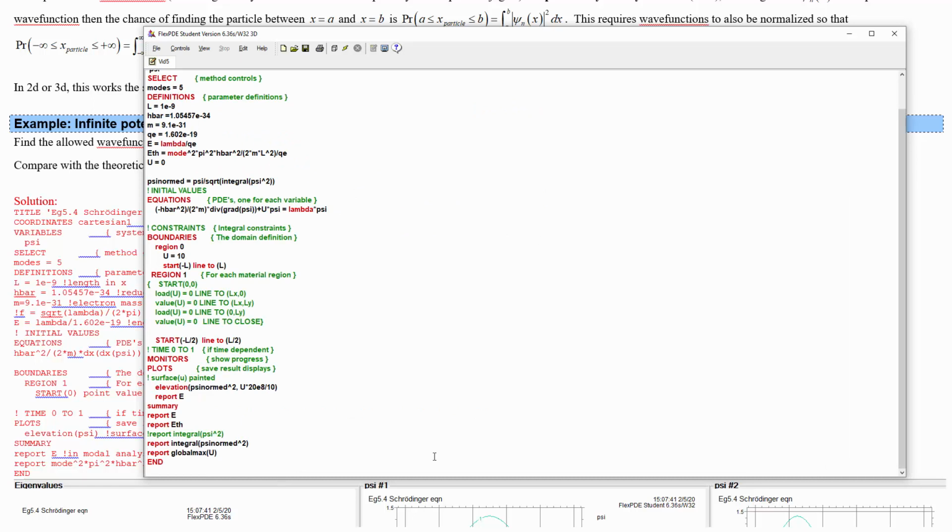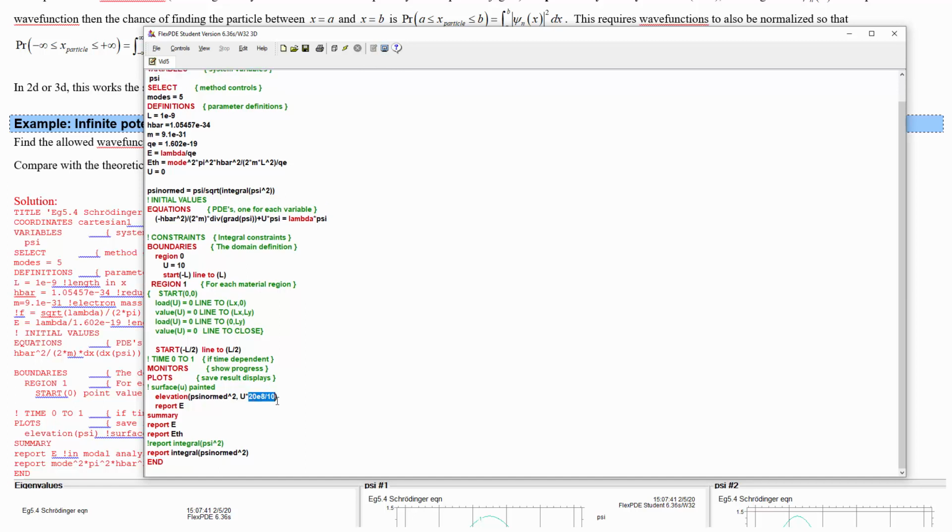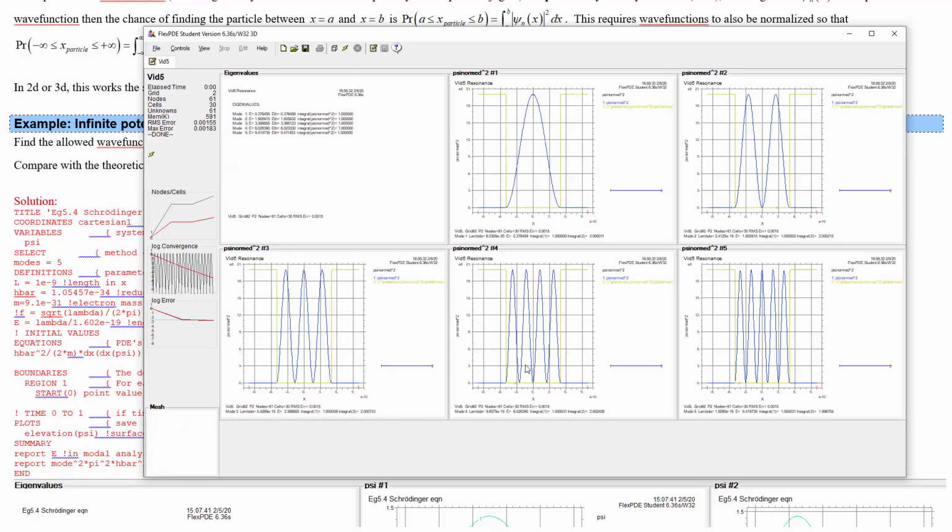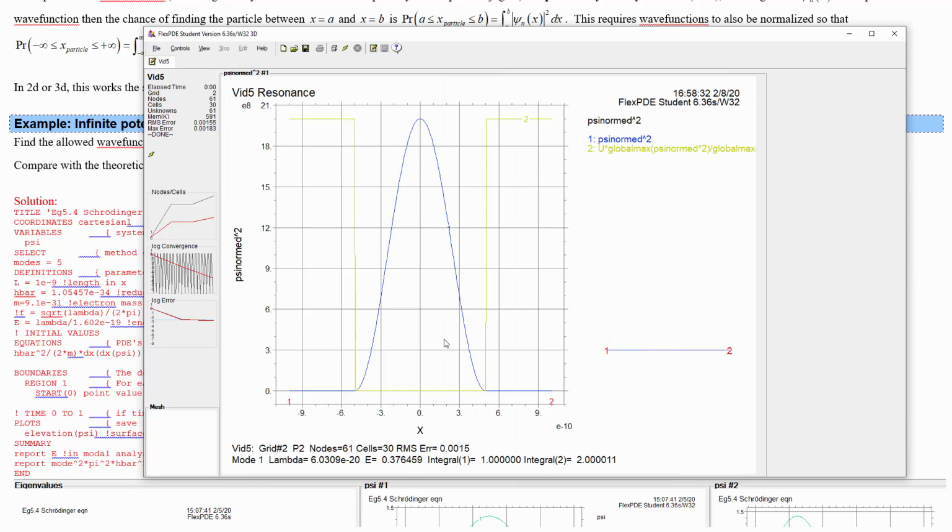Global max of psi-normed squared is this 20 and a bit E8, which means we can build in some scaling here. U times global max of psi-normed squared over global max of U will make the potential energy always sort of scaled to what's going on with psi-normed here. Yeah? So here we go.